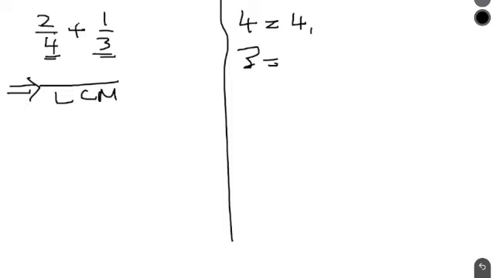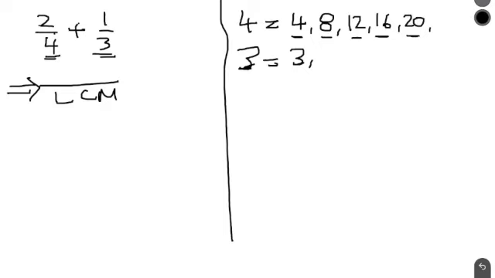It would be 4, 8, 12, 16, 20. And if you notice a pattern, 4 times 1 is 4, 4 times 2 is 8, 4 times 3 is 12, 4 times 4 is 16, 4 times 5 is 20, and so forth. So knowing your multiplication table is very important in this step. And similarly, we find the multiples of 3.